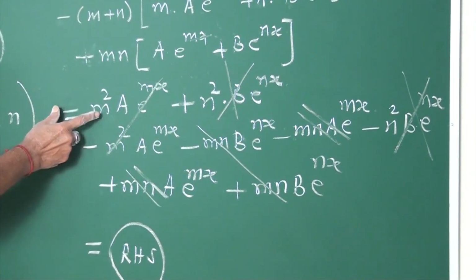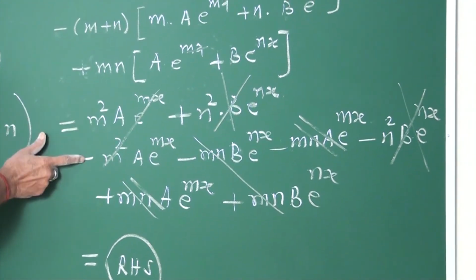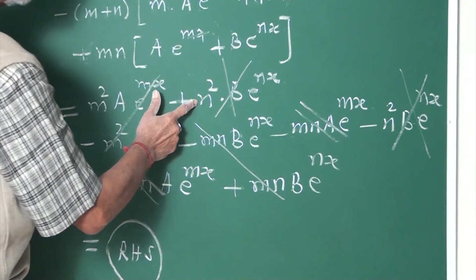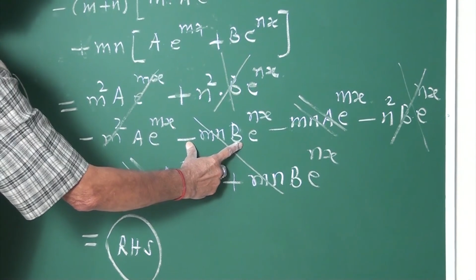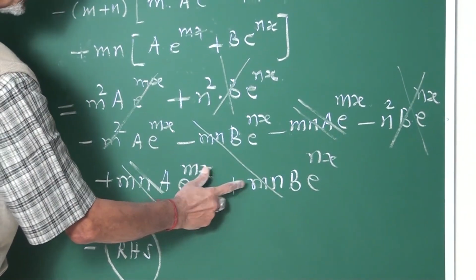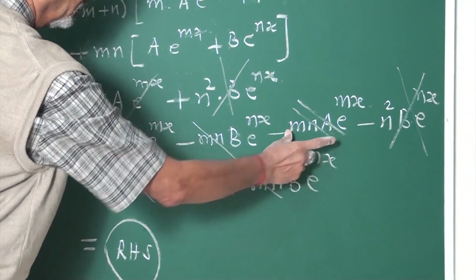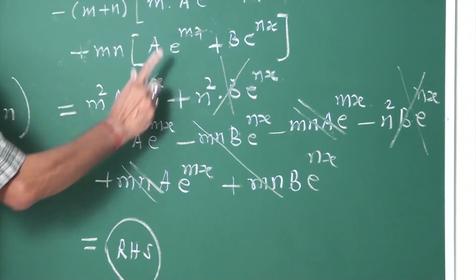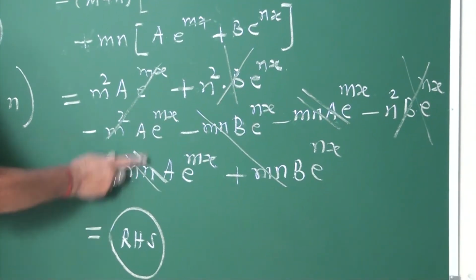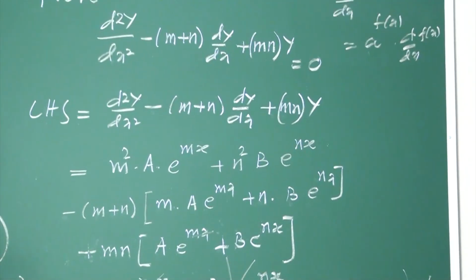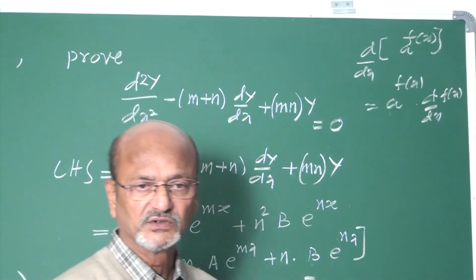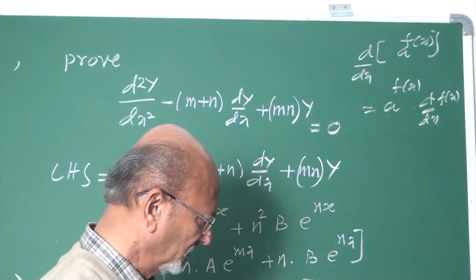Yes, my friend. m square with plus minus. n square with plus minus. mn b minus plus. mn a minus plus. All the terms cancel, you get 0. That 0 is nothing but RHS you wanted. So LHS equal to RHS. My friends, a good example, good example.